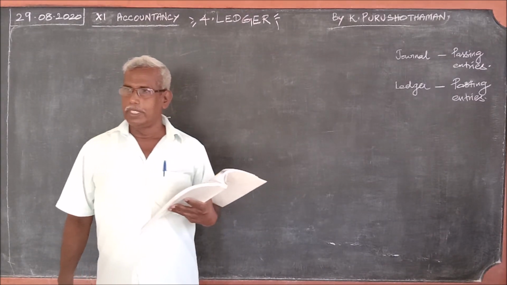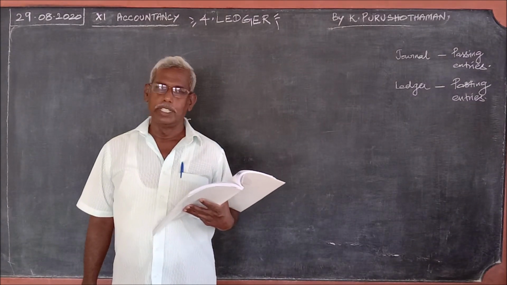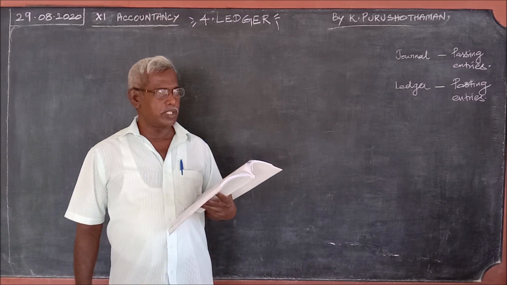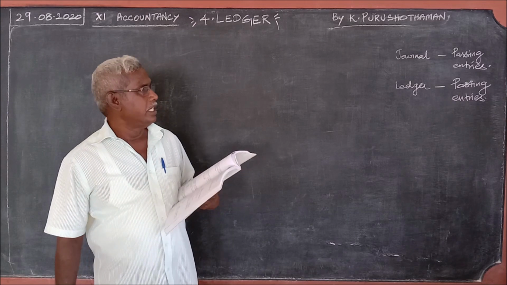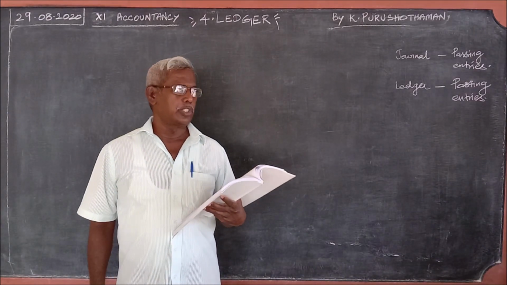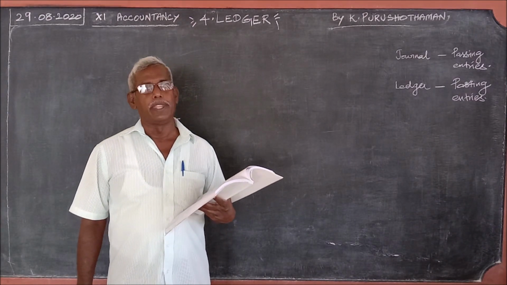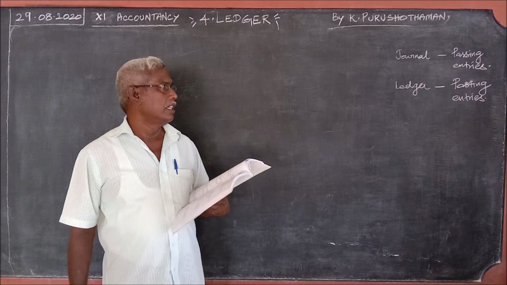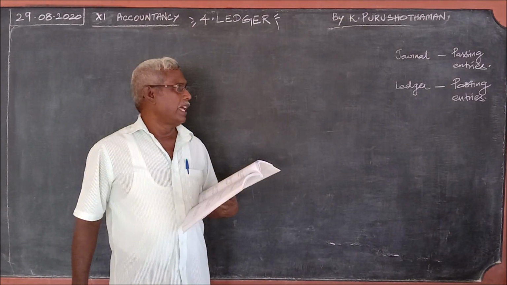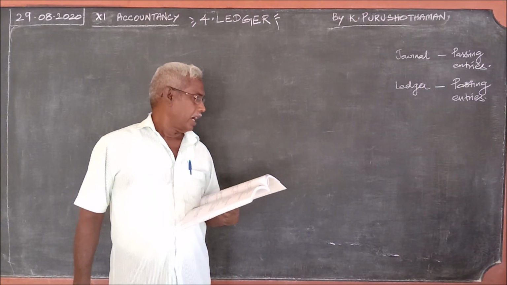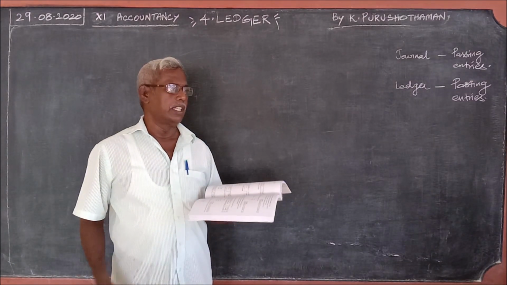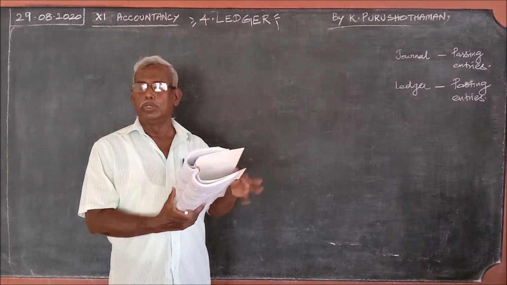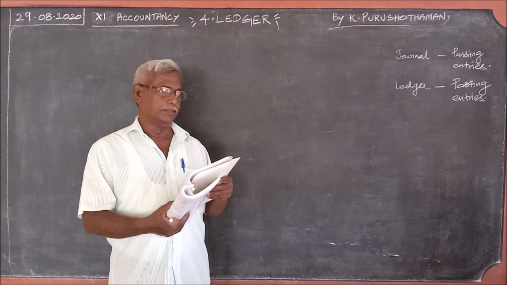So the first book used by an accountant is the journal. The next one is the ledger. What is the necessity for preparing a ledger? I will tell you after doing a problem, then we will come back to the theory part once again.